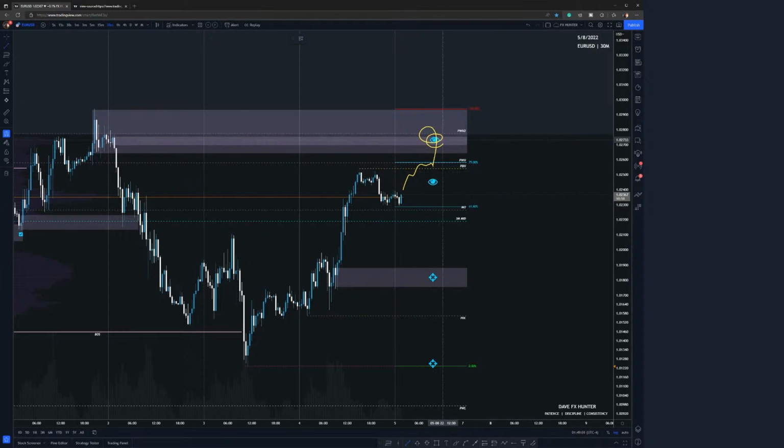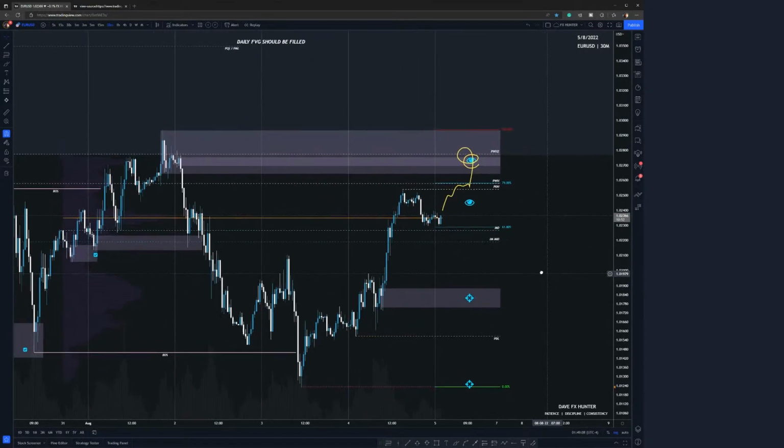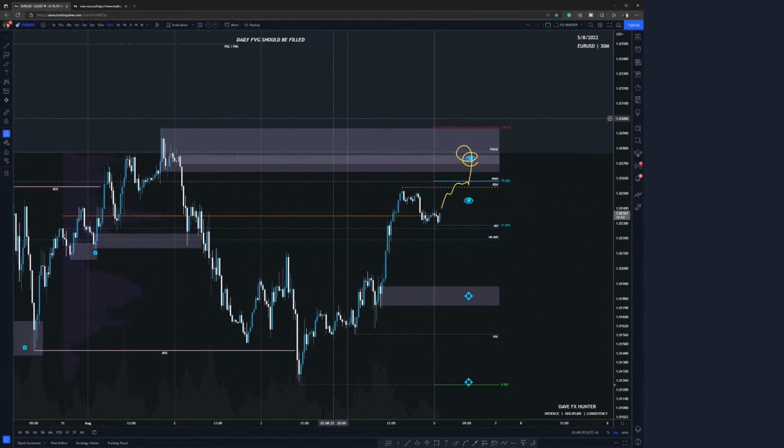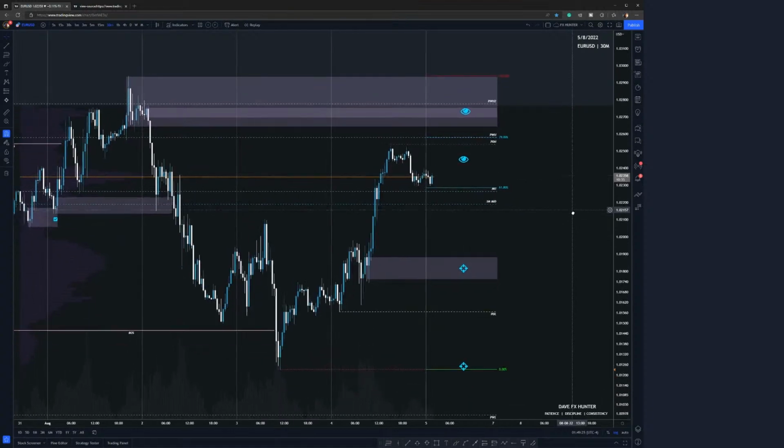So yeah, looking for this, maybe as said, this is quite a good note from our friend, that this could be taken out again as well, right? So of course something like this, we will see. Need to see liquidity be taken, and then follow our system with the breaking of the structure, pullbacks and entries.